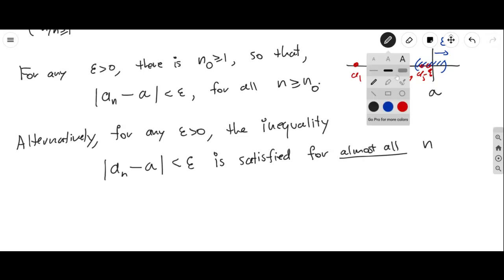What do we mean by almost all? It just means that there are only a finite number of exceptions.